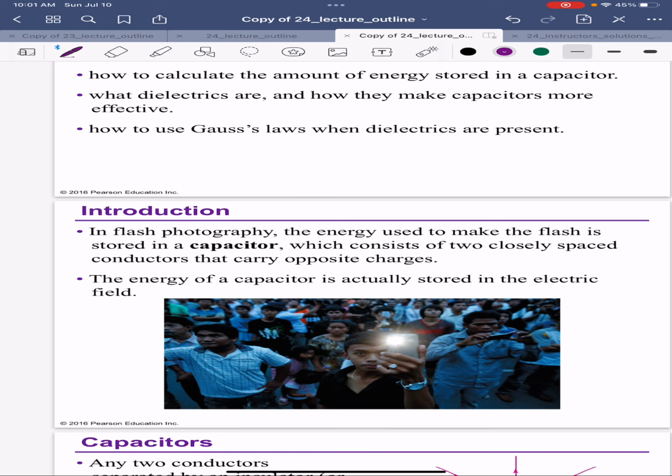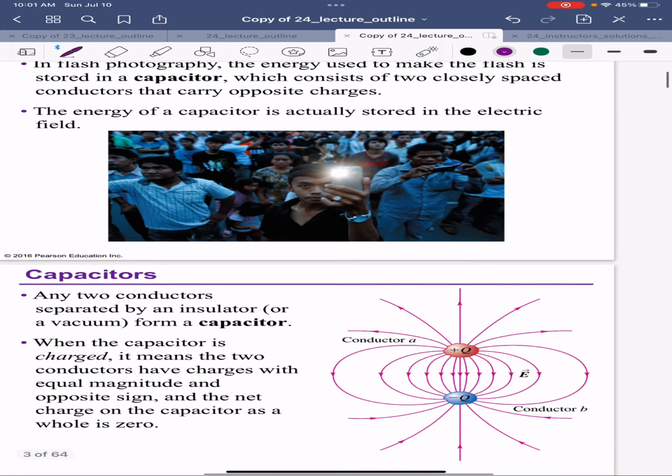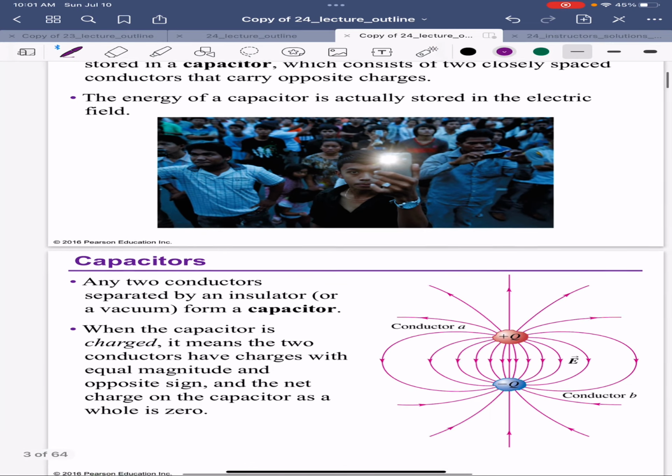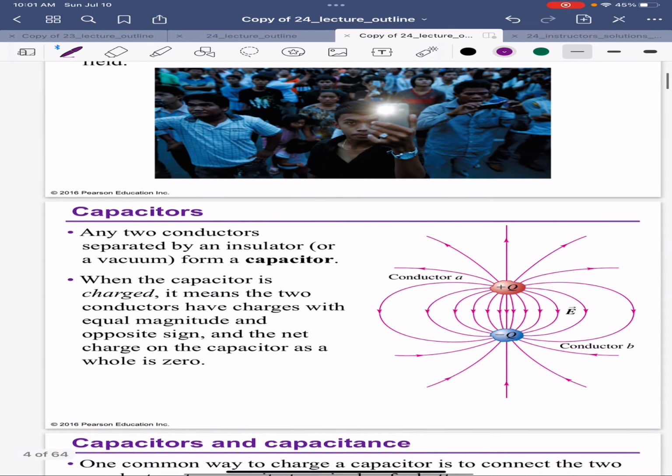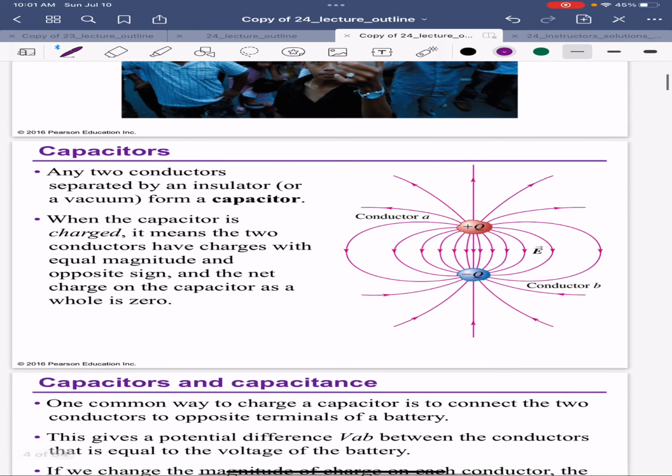Simply, a capacitor is two closely spaced conductors that carry opposite charges. We store energy in a capacitor using the electric field that is produced.